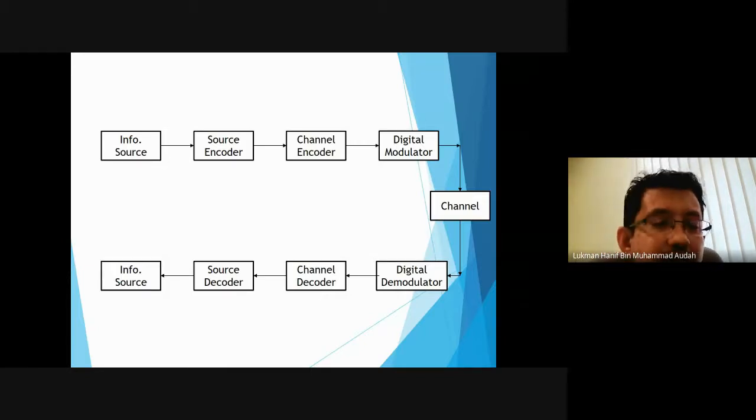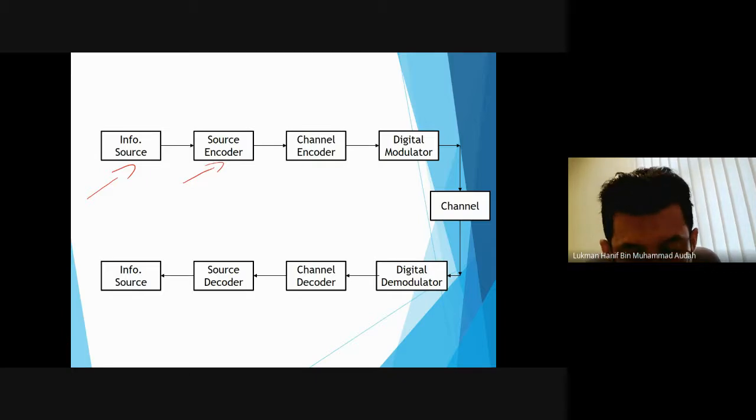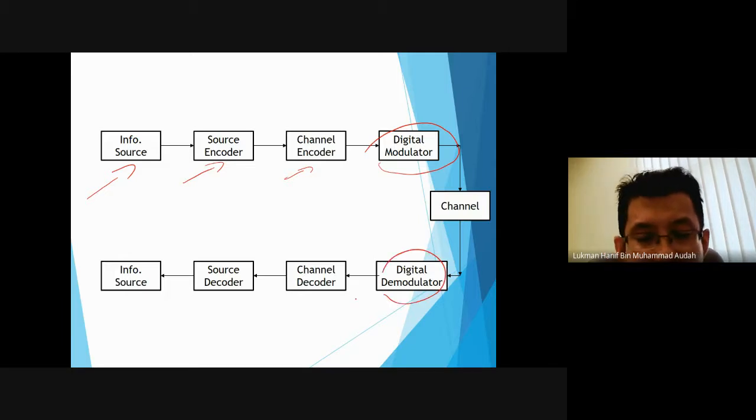So you see that here we have a source information, we have a source encoder. Source encoder is to reduce the bandwidth. Channel encoder means that we encode the signal by adding redundancy before we transmit to the channel. Okay, and then we do the modulation process, and then digital demodulator, channel decode, source decode, and then we get the original source information.